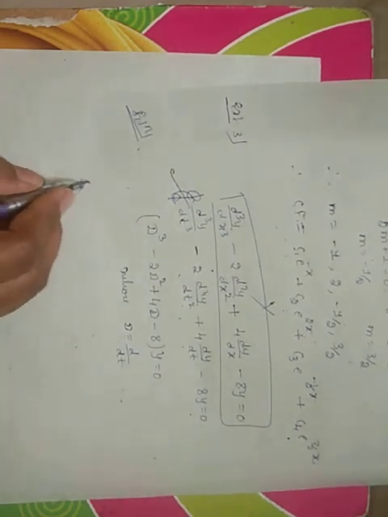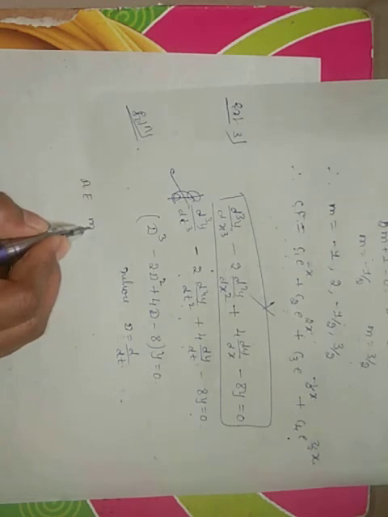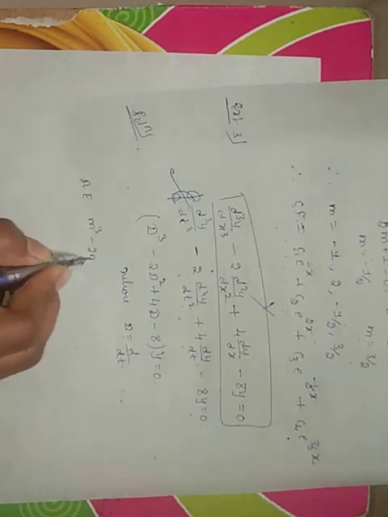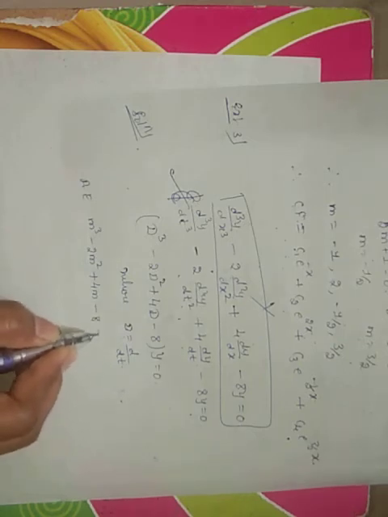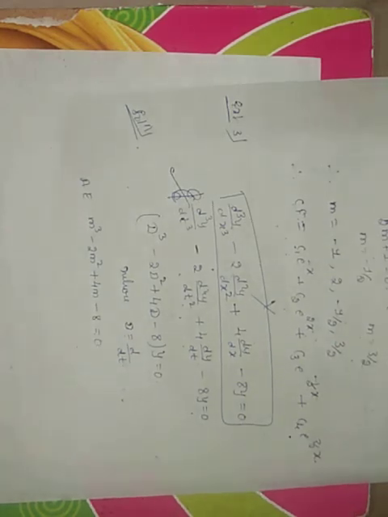Now the auxiliary equation is m cube minus 2m square plus 4m minus 8 equal to 0.